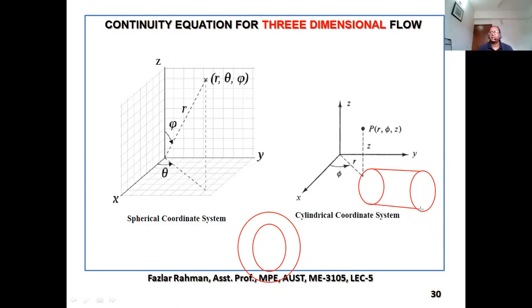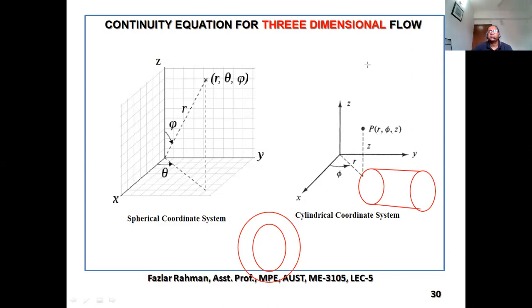An aircraft body is not perfectly cylindrical, but somehow you can simplify it as a cylindrical body. Then like a boiler, you would like to study the water flow inside the boiler or the flow of steam, then you need to use the cylindrical coordinate. In that case, your coordinates will be r, phi, then z.